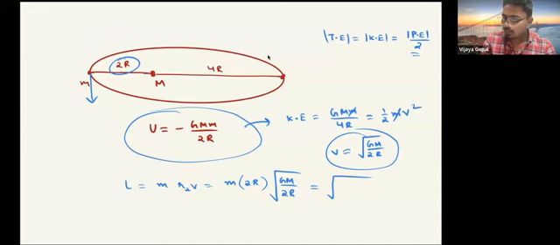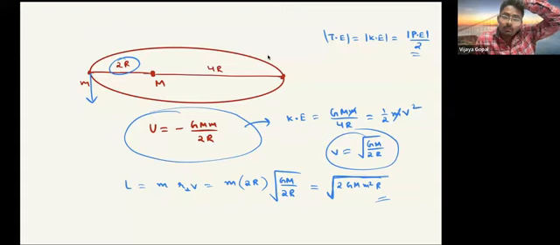If you just take it inside, you're going to get under root of 2 G M m square r. So this is the value you're going to get. Clear? So first I found the potential energy. From potential energy I found kinetic energy. And from kinetic energy we found velocity. And from velocity we can find the angular momentum.